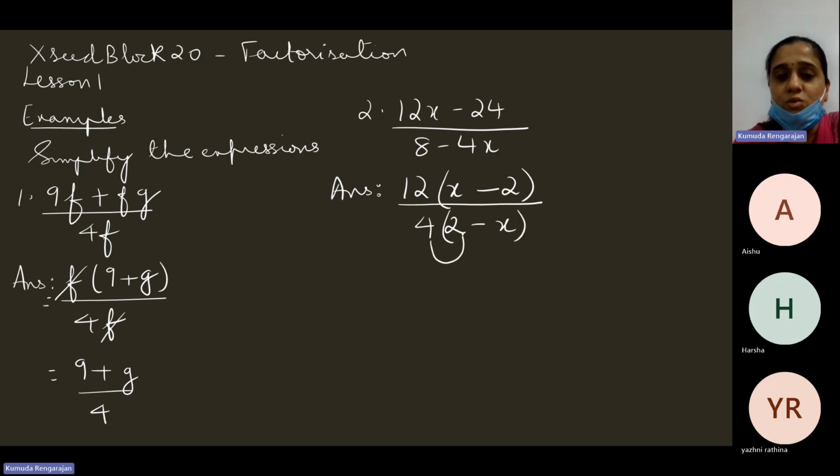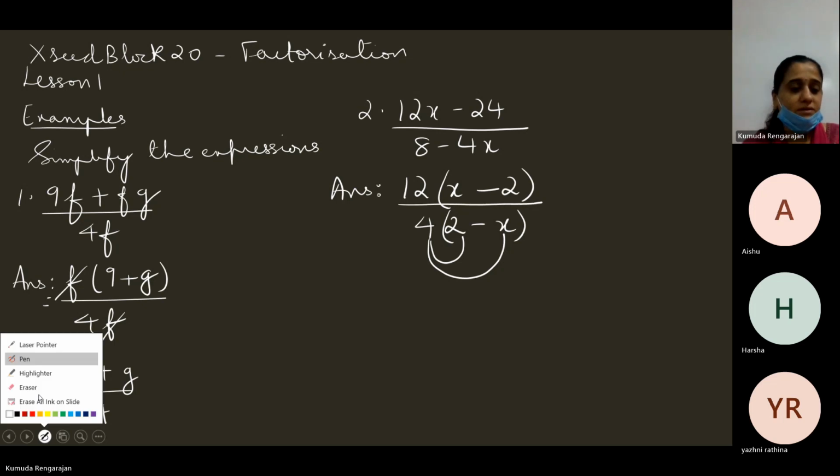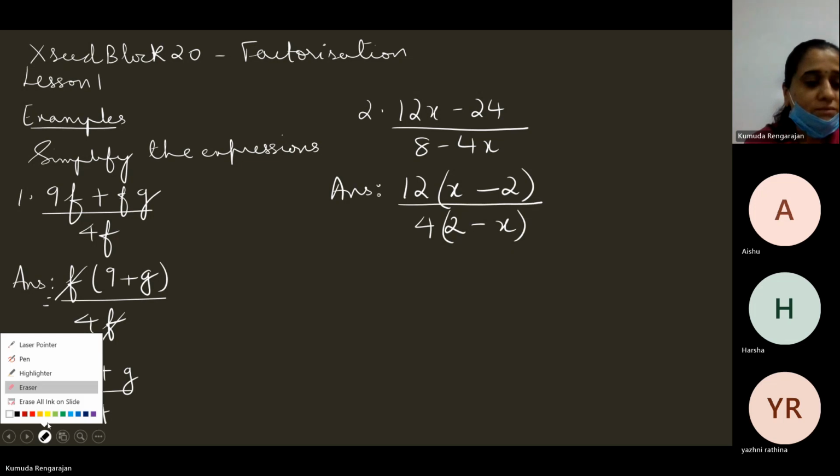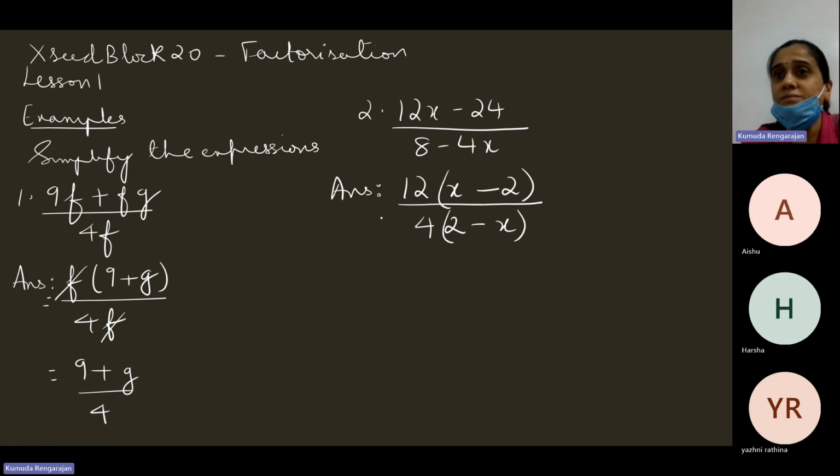Because 4 into 2 is the first term, 8, and 4 into minus x is the second term, minus 4x. This is fine. Now, we cannot eliminate x minus 2 and 2 minus x because they're different.